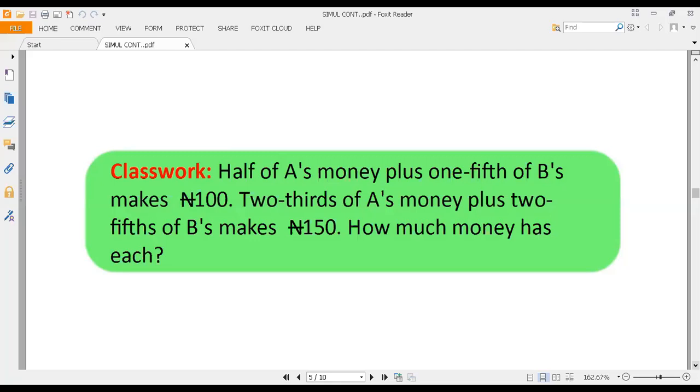Half of A's money plus 1/5 of B's money makes 100 naira. That's the first statement. Another statement is 2/3 of A's money plus 2/5 of B's money makes 150 naira. How much money has each?